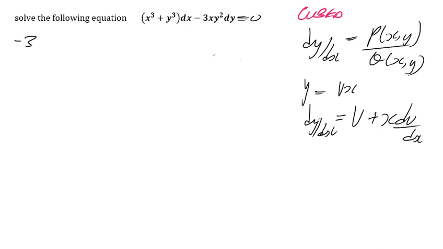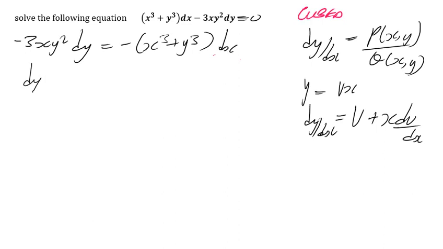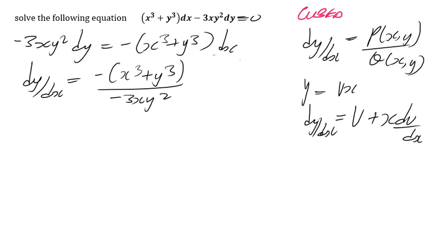So you're left with minus 3x y squared dy equals minus x cubed plus y cubed dx. Then dy over dx will be equal to minus x cubed plus y cubed divided by minus 3x y squared. Minus and minus cancel, and you're left with this.